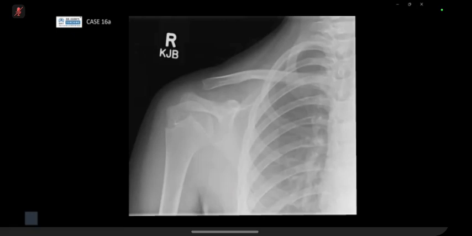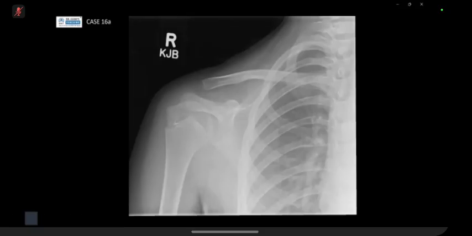Yeah, this is a right shoulder X-ray for a skeletally immature patient. I'm looking at the bone to check if there are any bone abnormalities.